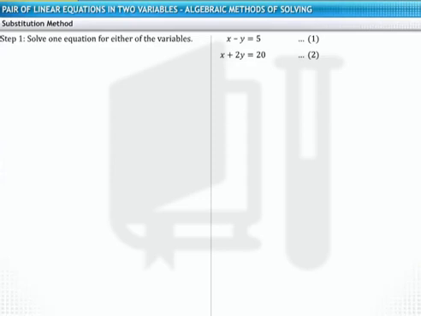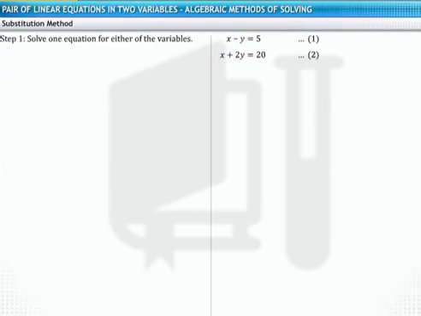In other words, we can solve for either x or y in either equation 1 or equation 2. The choice of equation or variable in a given pair does not affect the solution for the pair of equations. To keep it simple, choose the equation and variable that can be solved quickly without complication.